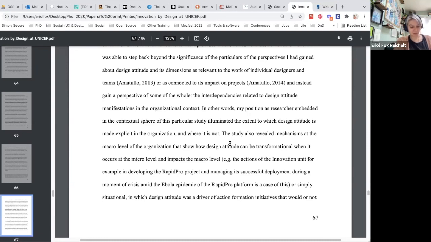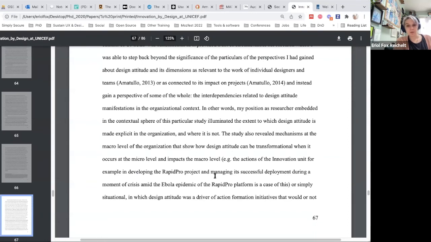We've then got a section which is about developing the RapidPro project, remember, open source, and managing its successful deployment during a moment of crisis amidst the Ebola epidemic. So we've got mechanisms at the macro level of the organization showing how design attitude can be transformational when it occurs at the micro level and impacts the macro level.